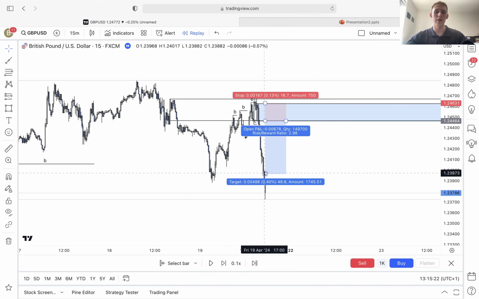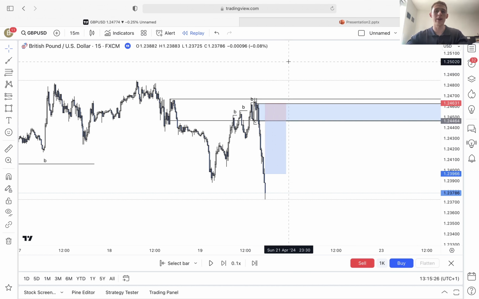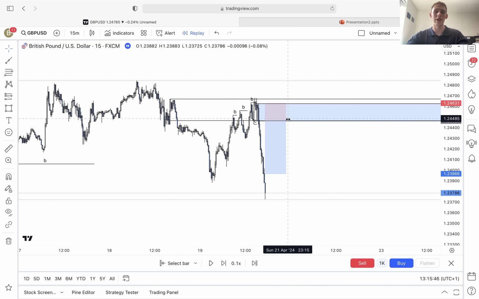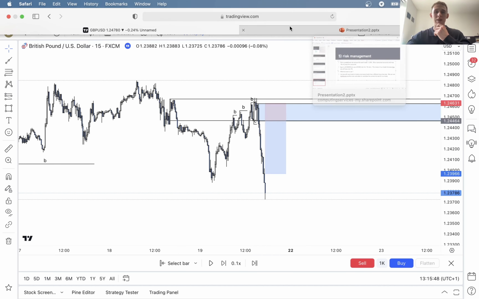If it hit the take profit, because it's a 1 to 3 risk to reward, that means we would make $3,000. And overall, if we have a 40% win rate, like I discussed, if we take 100 of these positions, we know that we will make an expected profit of $60,000. 40 of those will be wins, 60 will be losses, but the wins are 3 times bigger than the losses, hence the $60,000 gain.